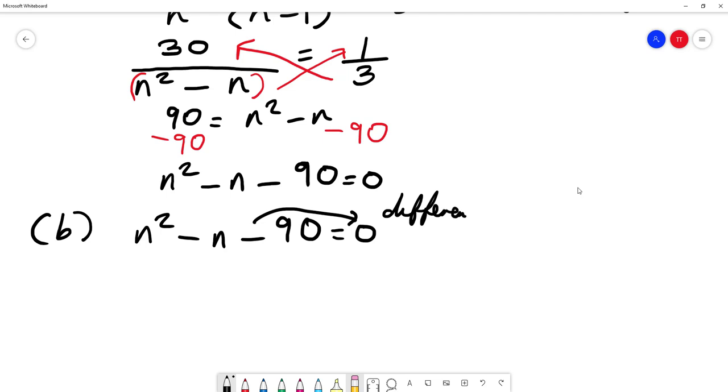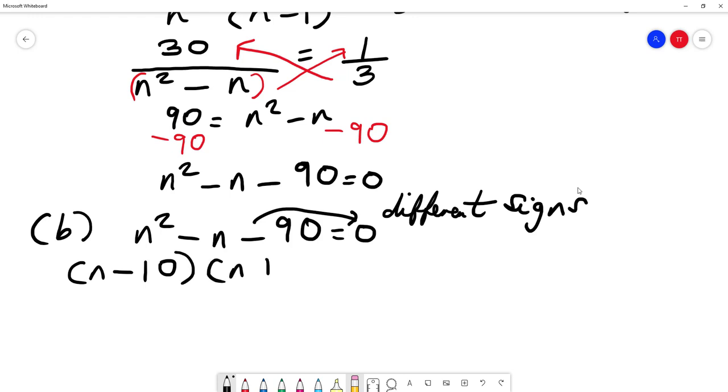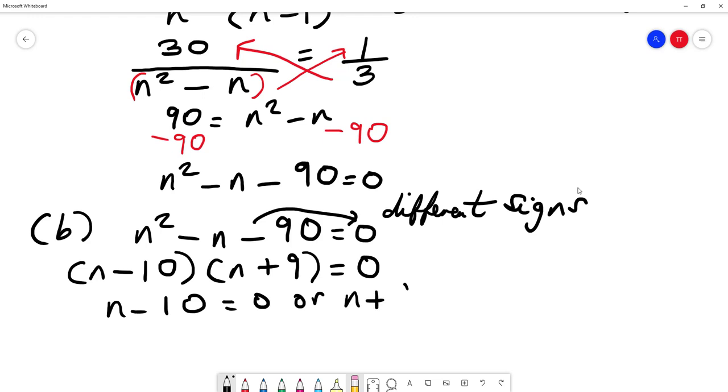So we've got different signs in both brackets. So we've got n minus 10, n plus 9. So n minus 10 equals 0, or n plus 9 equals 0.